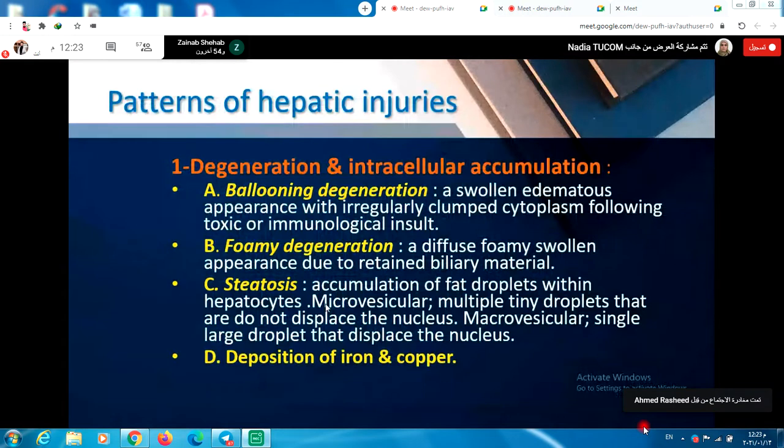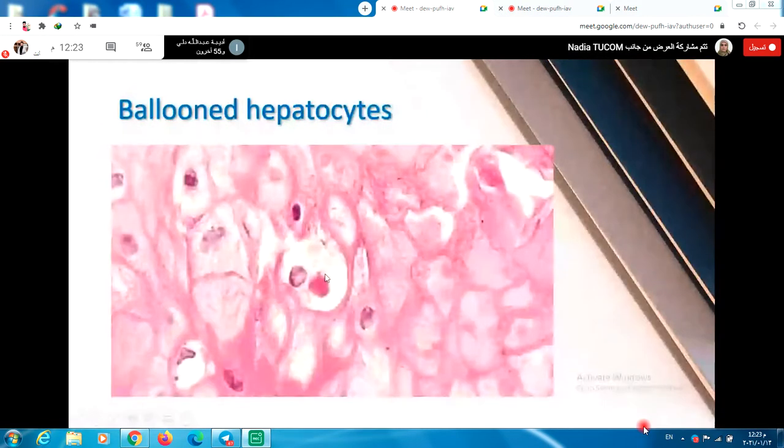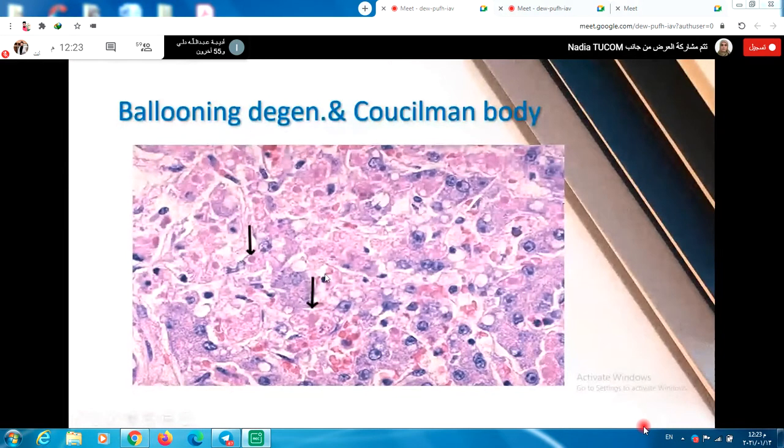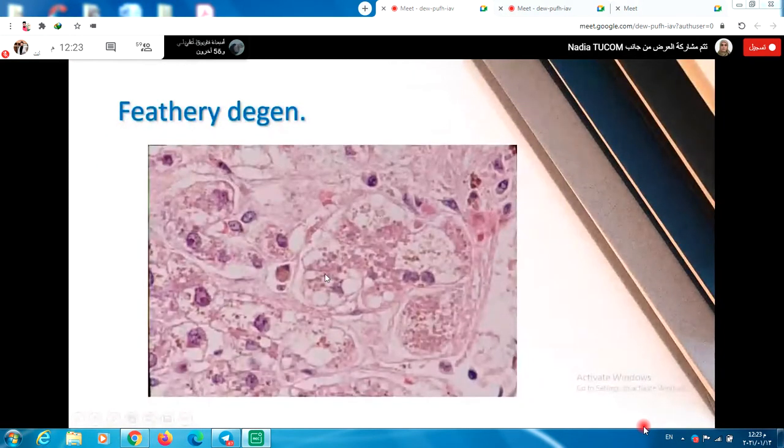Foamy degeneration. This is also called feathery degeneration, feathery meaning like feathers. Again, there is swelling and edema of the hepatocytes with retaining of biliary material or biliary secretion, bile.